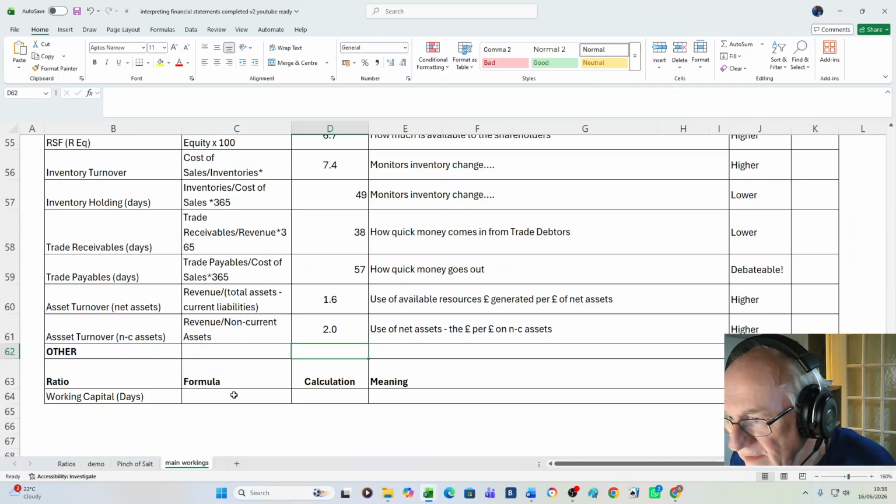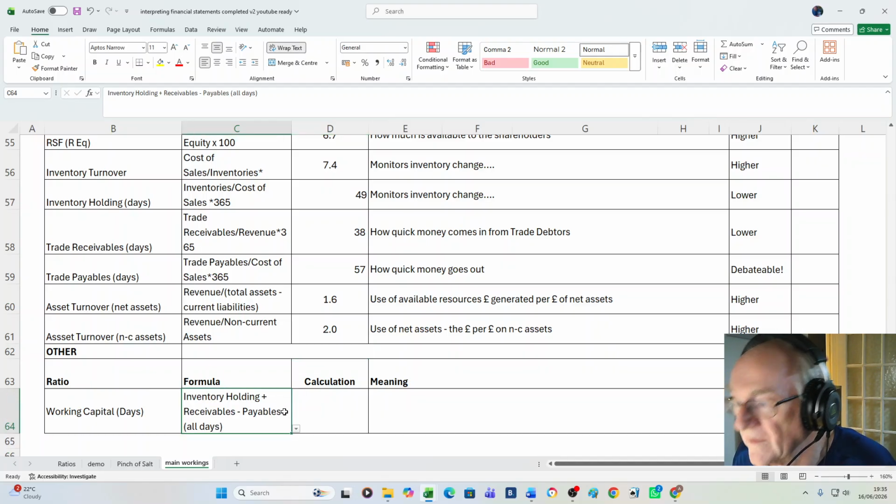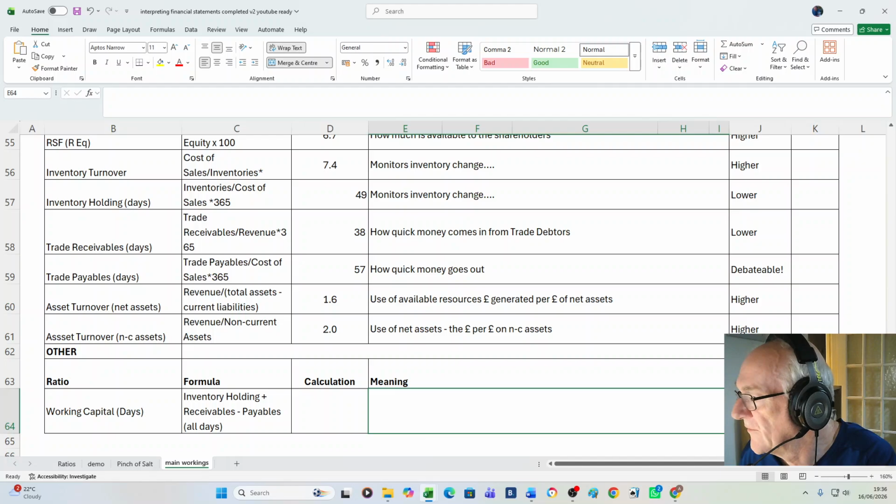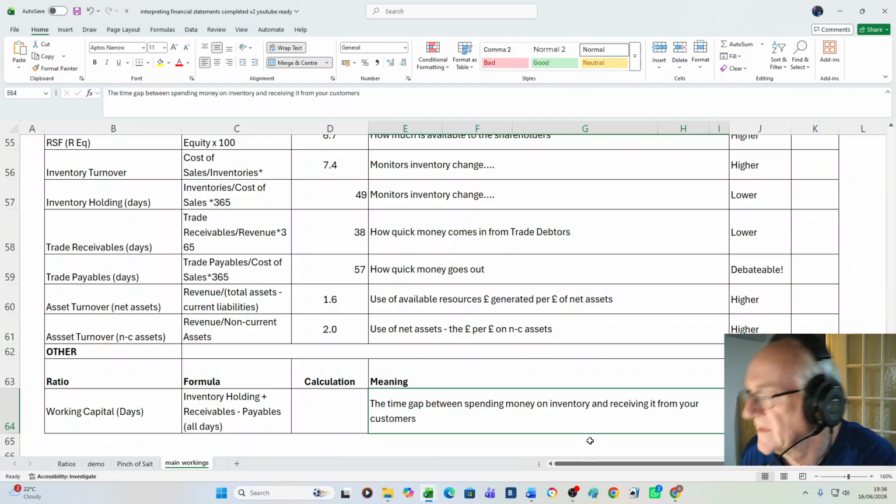So this one is the last one. It's a combination of three that we've already done. It's the working capital, and it's the time from when you pay your suppliers to receiving money from your customers, which can actually be negative. I'll explain that after we've done the calculation.